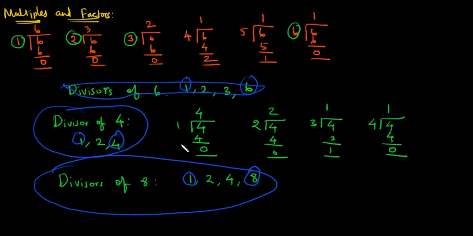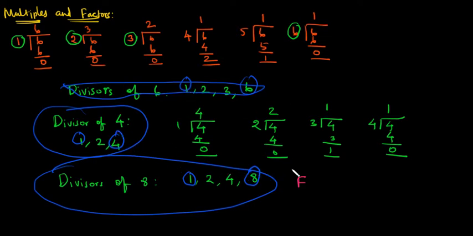So we know what a divisor is. We will see what the factors are. So how can we find the factors? What is a factor? Factors are what you get if you don't include the 1 and the number itself.